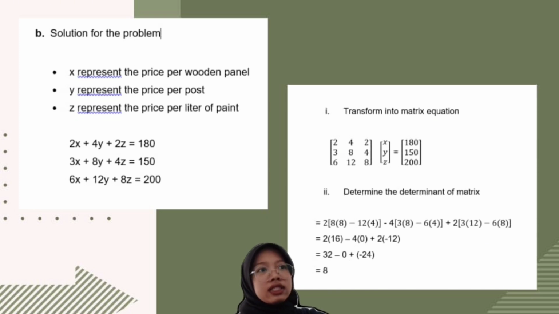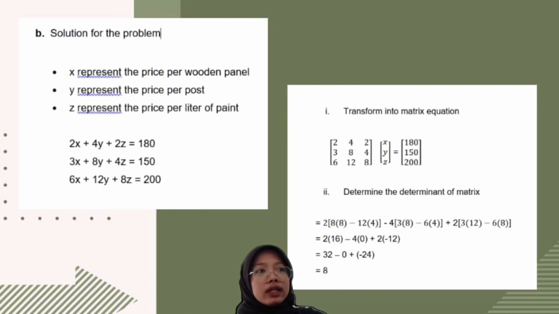The first expression is 2x plus 4y plus 2z equals 118. Expression number 2 is 3x plus 8y plus 4z equals 150 ringgit. Expression number 3 is 6x plus 12y plus 8z equals 200.